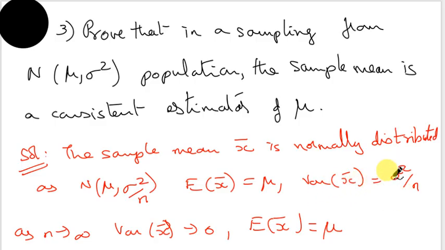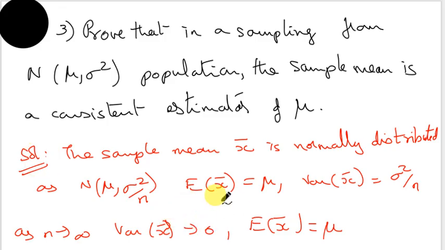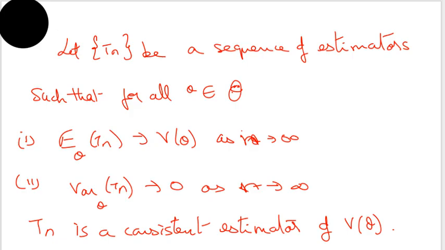My variance is having 1 by n sigma squared, and as n tends to infinity, 1 by n tends to 0. Similarly, when I check for the mean, please look here. My mean is given by this value mu. Since mean is given by mu, I will have no other value. E of x will tend to v of theta as n tends to infinity. How did I get this value? I got this by rearranging the terms. Okay, thank you.